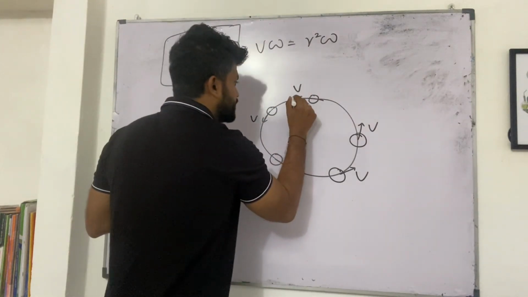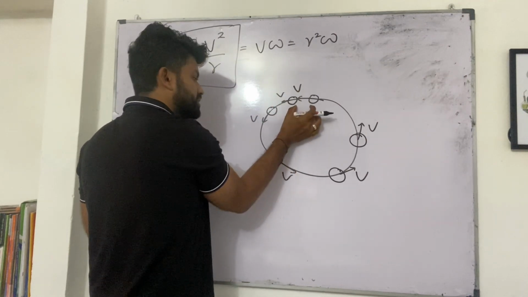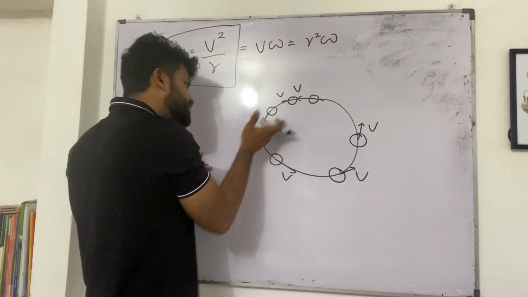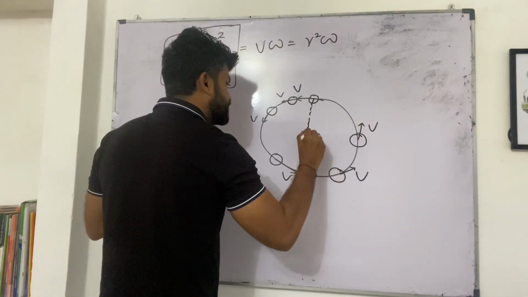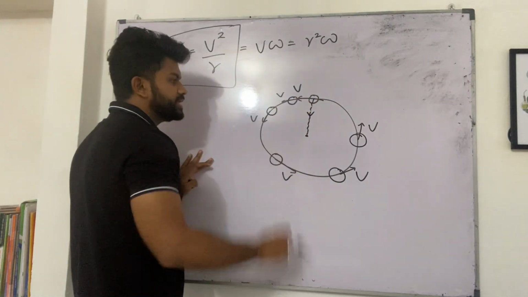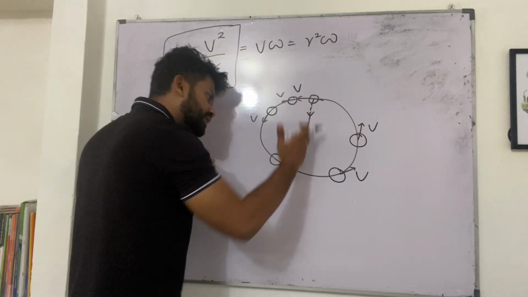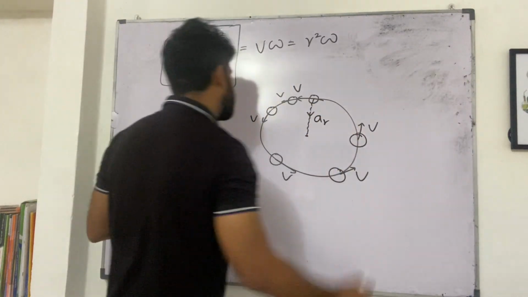You can see that at every instant the direction is changing, which means, as we can prove later on, that the acceleration is acting towards the center along the radius. So we can take it as a_r.